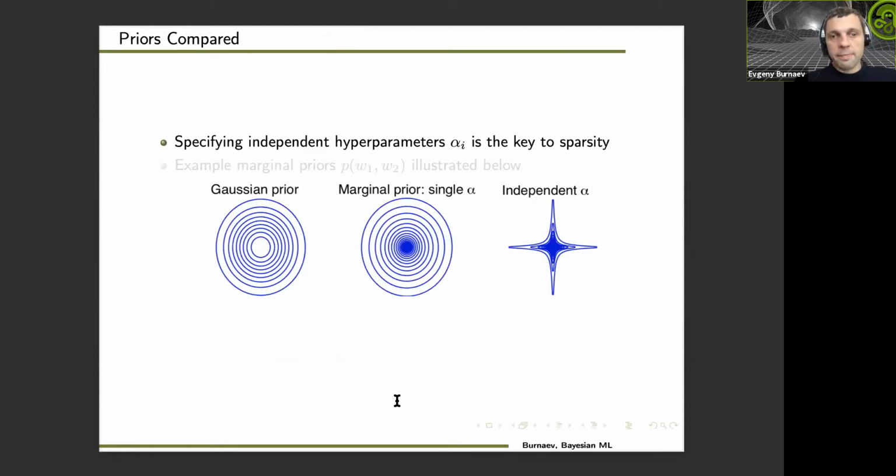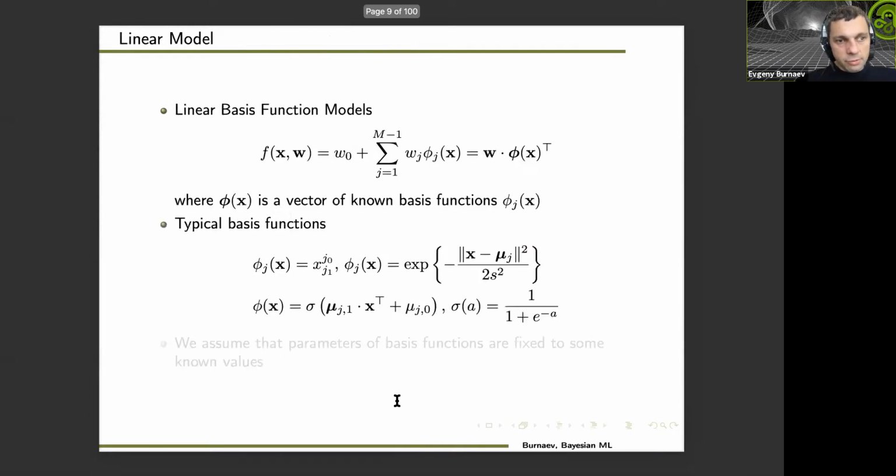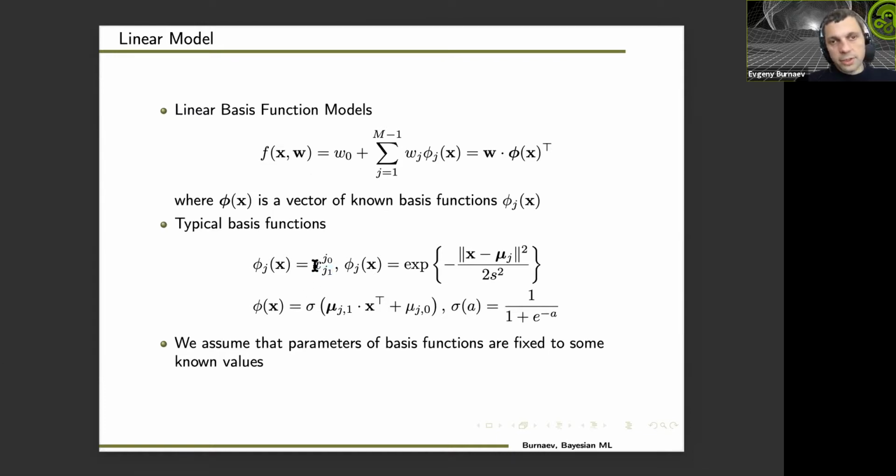And actually, what we want from such models, it's very important for such models to require sparsity. As I told you initially, we don't know how many basis functions we really need. For example, if we consider as a basis function a polynomial of a specific degree, then M is the maximal degree.